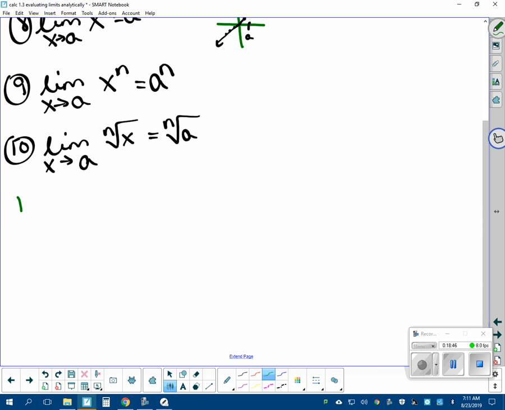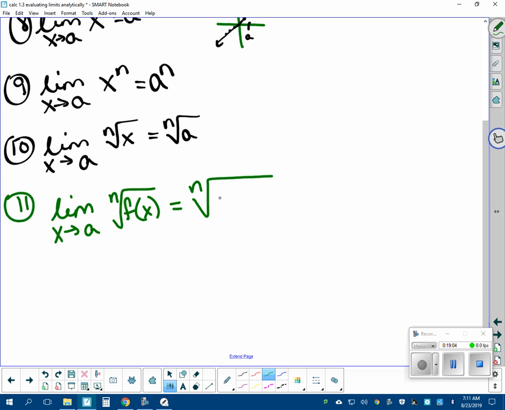And then you can kind of generalize that one step further. The limit as x approaches a of the nth root, not of x, but of any function, is the same thing as the nth root of the whole limit of the function.